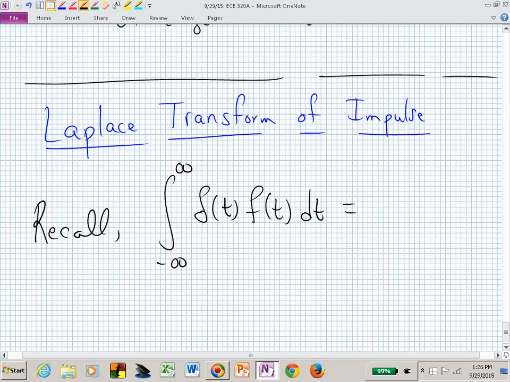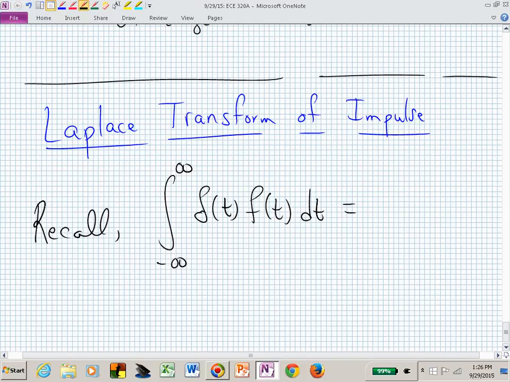What's the only value of f that it could possibly be? When's the only time that impulse is active? At 0. All other values, you could now say, oh, I'm going to integrate from minus infinity to t equals 0 minus. That's 0 because the impulse is 0. I'm going to integrate from t equals 0 plus to infinity. Delta is 0, so that's 0. Now I'm integrating from 0 minus to 0 plus, delta of t, f of t, dt.